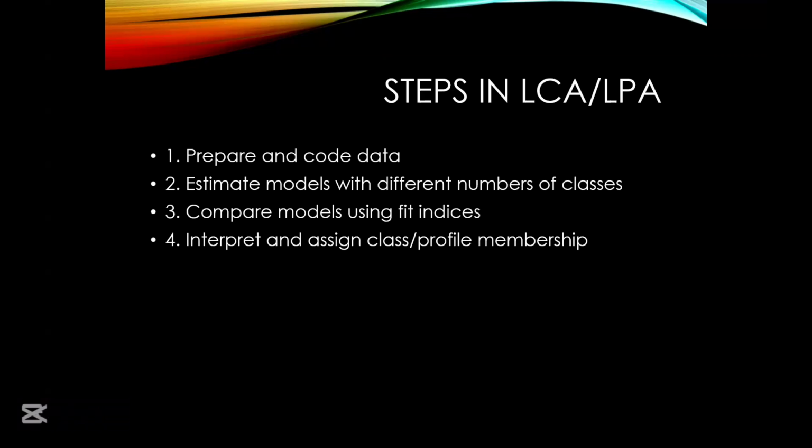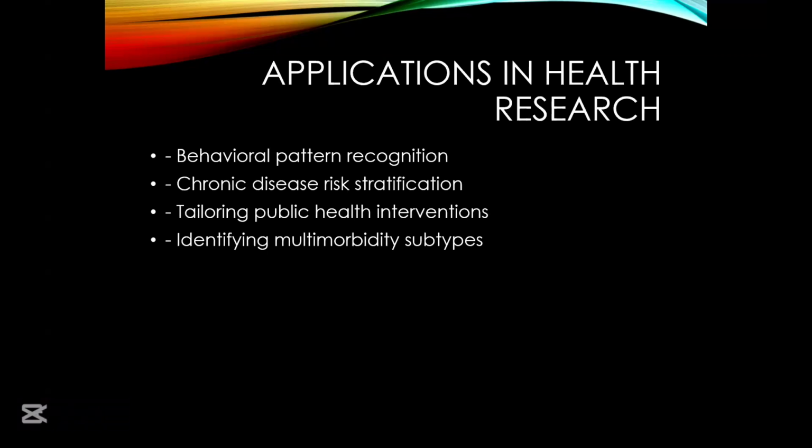And then we go ahead to interpret and assign class profile membership. Once you have the individual clusters, then you can name them cluster 1, cluster 2, cluster 3 based on the individual behavioral patterns that are unique for each of the different clusters.